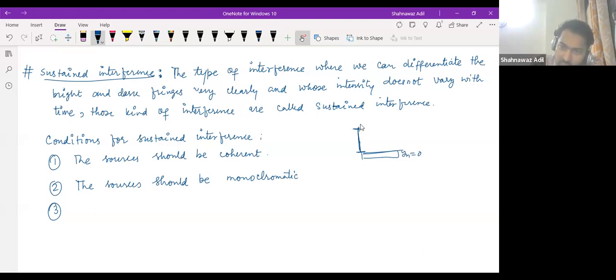So this yn should be large. And what is yn? For a bright fringe, this is n lambda D by d, right? So this yn is dependent upon D, and this yn is dependent upon 1 by d. Is this clear, guys?